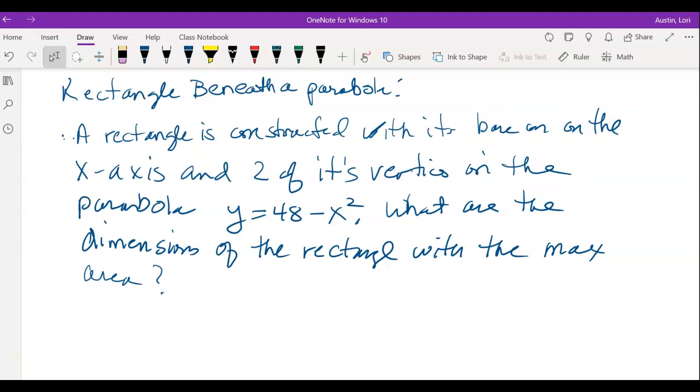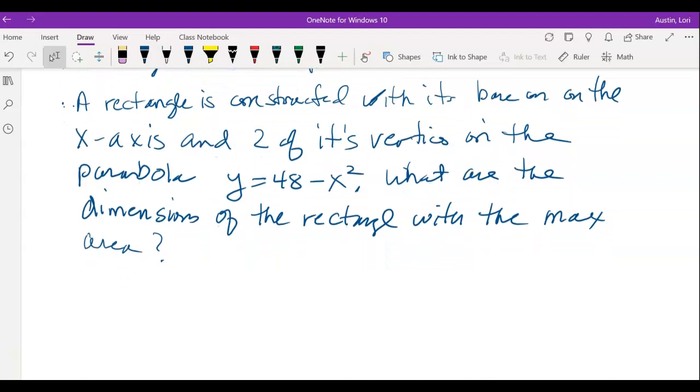So think about it. Rectangle is constructed with its base on the x-axis and two of its vertices on the parabola y equals 48 minus x squared.